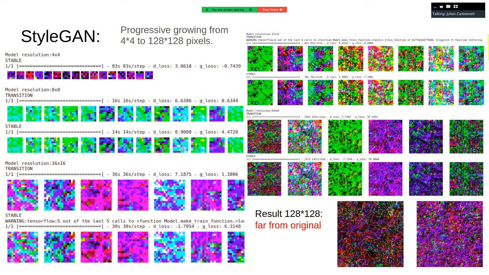We saw that in class, but I like the GAN implementation that I found, which has a convenient progressive growing. It starts at 4 times 4 pixels and goes up to 128 by 128. That looked funny, but we can see from the results we are still very far from the original.